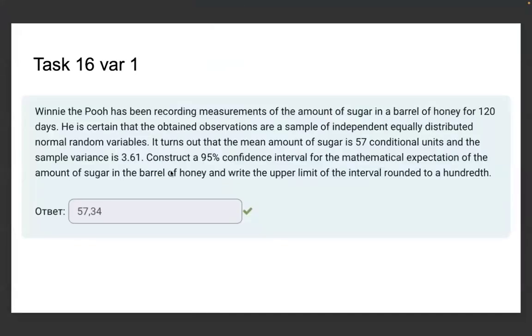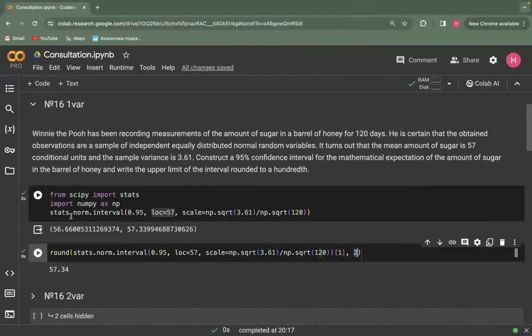Any answers or any questions about this exercise? Here you just have to remember the function. It starts with norm from the library SciPy, and remember where you have to write each value. But if you know the formula, it's much easier, for example.